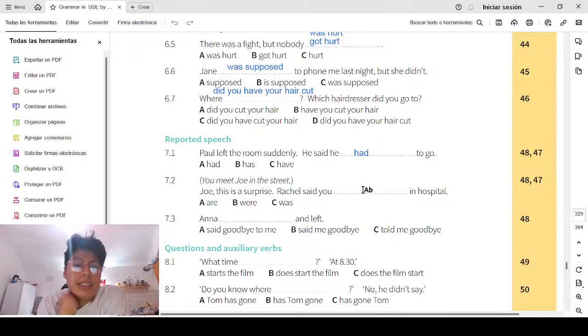That's why he said. For example, Paul left the room suddenly. He said he had to go. Check it out. The verb is in the past because we are talking about something that person said, but it was in the past, not in the present, right?